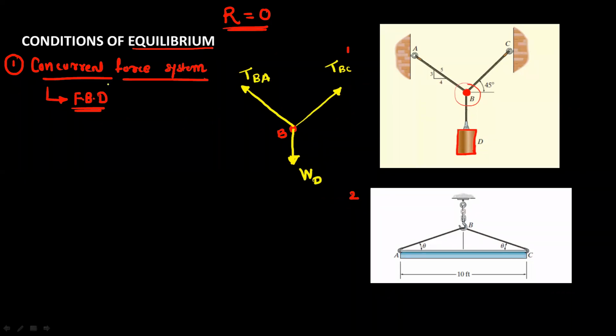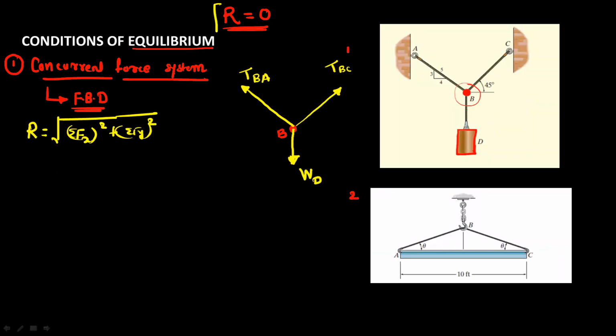So for the concurrent force system, what are the conditions of equilibrium? Suppose you want to find the resultant of the system for the concurrent force system, then its equation is R equal to the square root of summation Fx squared plus summation Fy squared.